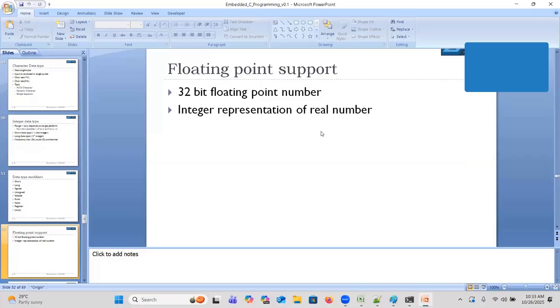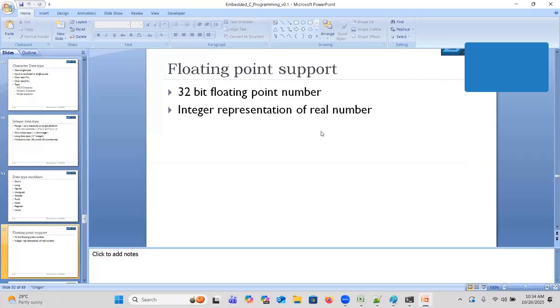So when people want to represent a real number, which has a whole part as well as a fractional part, they follow a standard called the IEEE 32-bit floating point format. So any real number requires 32 bits as per that standard.